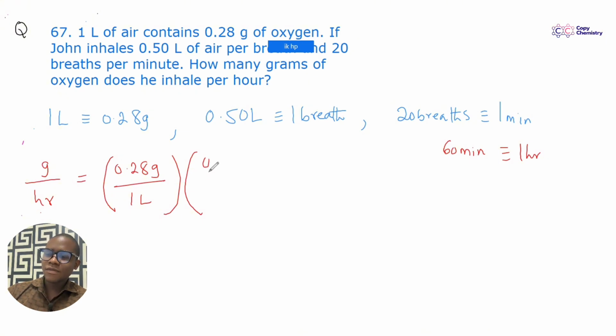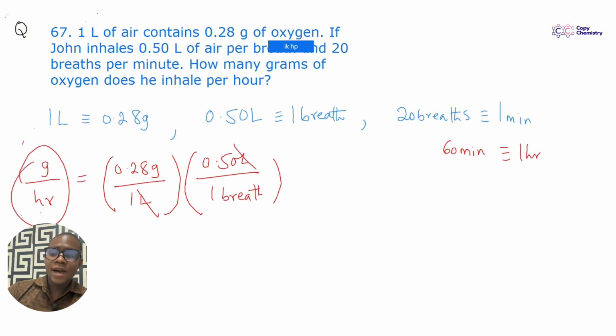It will make sense if I write it this way, 0.50 liters divided by 1 breath, because this would help me cancel out the liters that I don't really need in my final answer, grams per hour. I think this is a good call. We've used this up. Let's see if we can use this one. 20 breaths per minute.